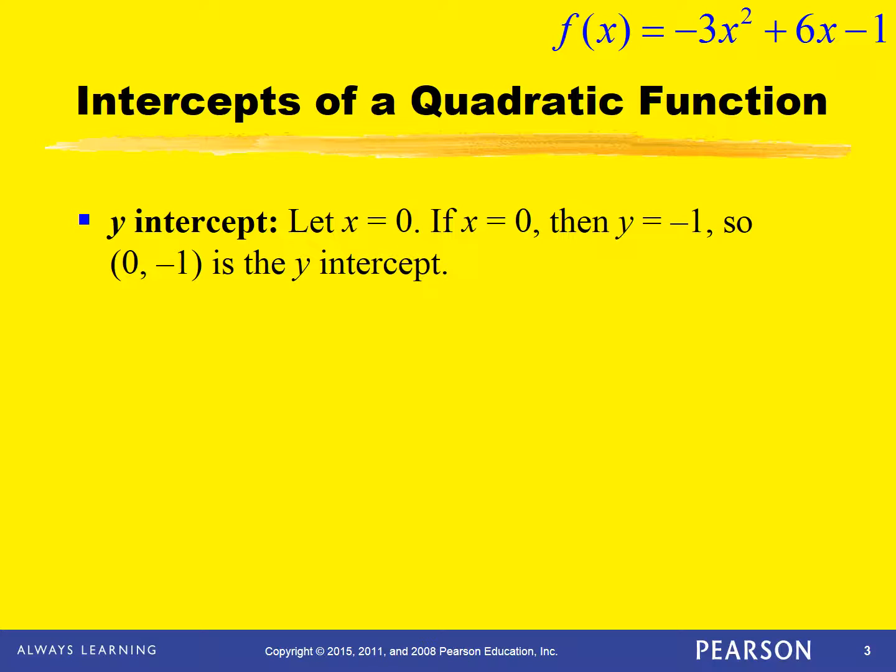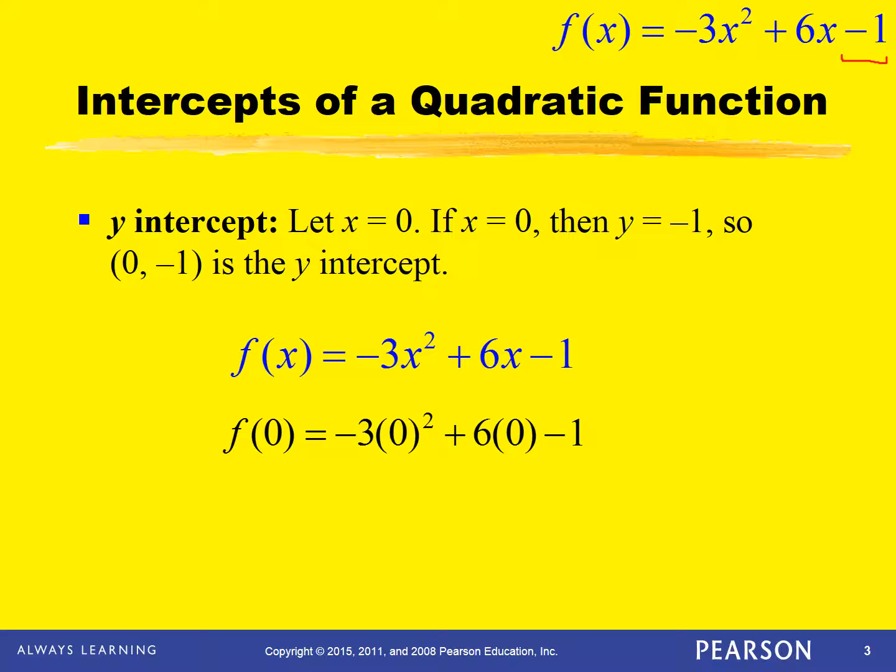To get the y-intercept, we set x equal to 0 and solve for y. Of course, we automatically realize that it's going to be just this number right here, negative 1, because letting x equal 0 blows up the first term and the second term and leaves just this negative 1.